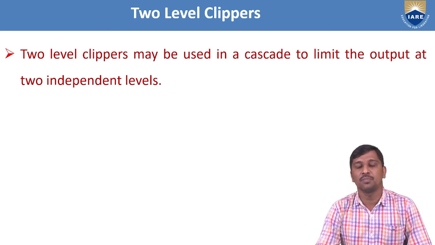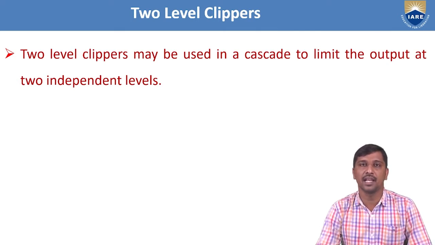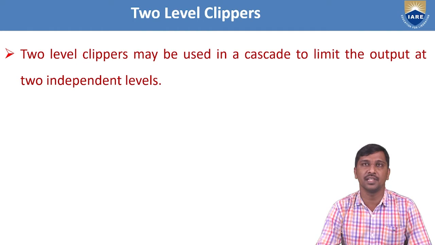If you apply some reference voltage across the positive peak clipper, it removes the positive peak along with some reference voltage. Or if you use the negative peak clipper with reference to a DC voltage, it also removes the negative portion with respect to your reference voltage here.